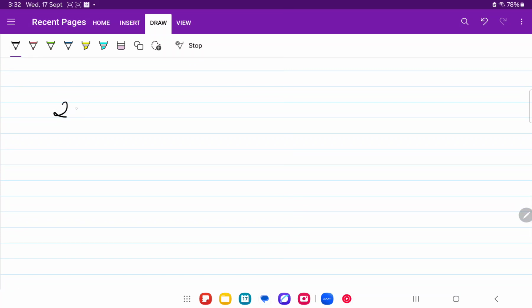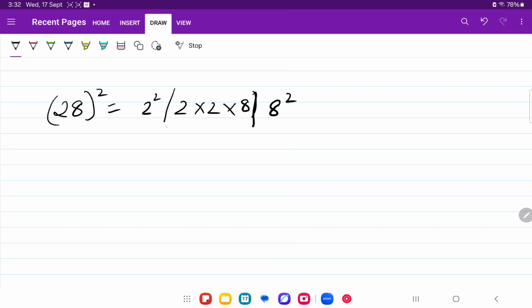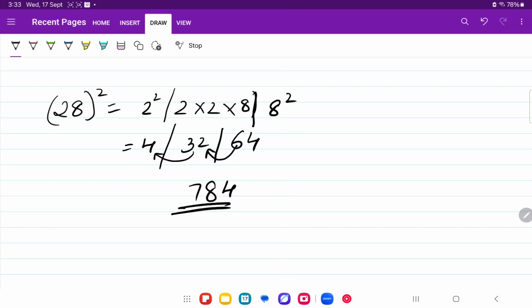If you are doing 28 square, so it will be 2 square, 2 times 2 times 8 and 8 square. So 4, 8 8s are 64, 2 2s are 4, 4 8s are 32 and 64. So we have the carry forwards here. So 4, 8, 7. 784.